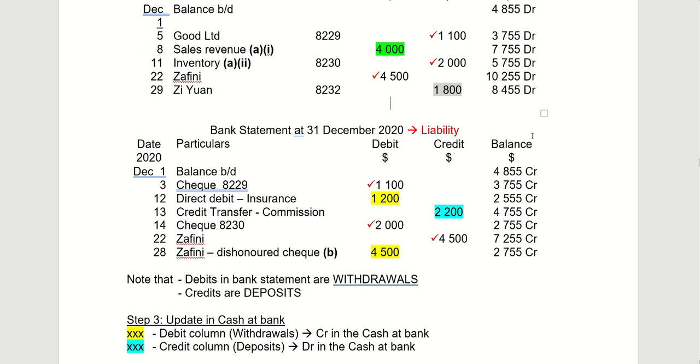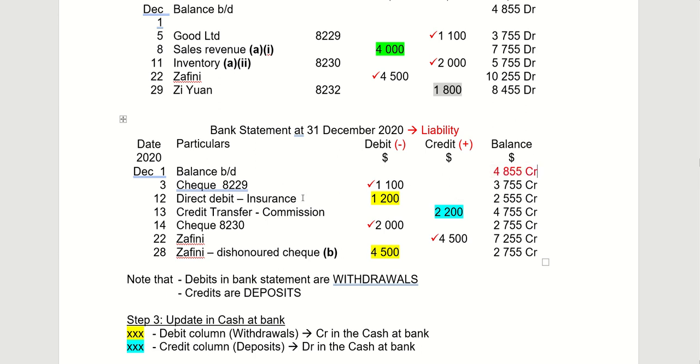So therefore, you see that the accounting rule is debit is negative, minus. So debits are minus, credits are plus. And that's also why the balance brought down for the cash at bank account is a credit balance.